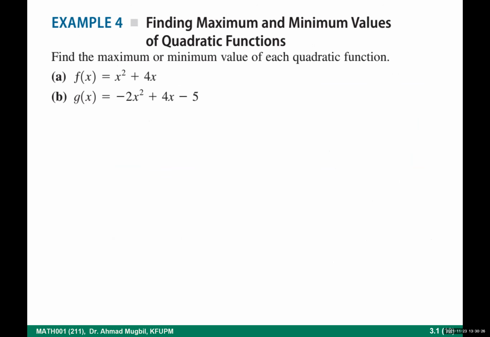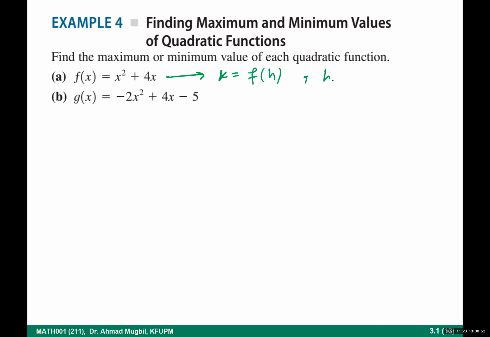Find the maximum and the minimum. No need to sketch the graph or do anything. Just find the minimum and maximum. In the first one, minimum or maximum? Minimum. What is the minimum? Not 1. You need to find h. Now, the minimum will be k, which is f at what?